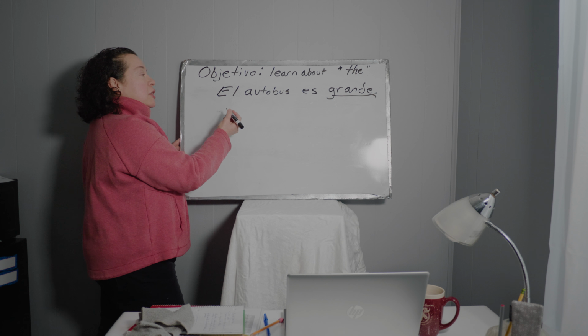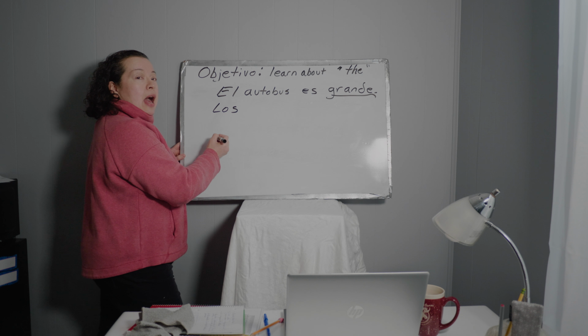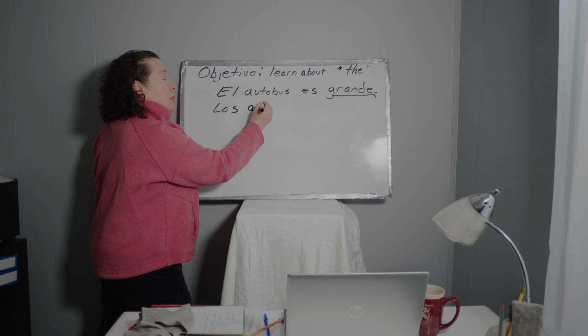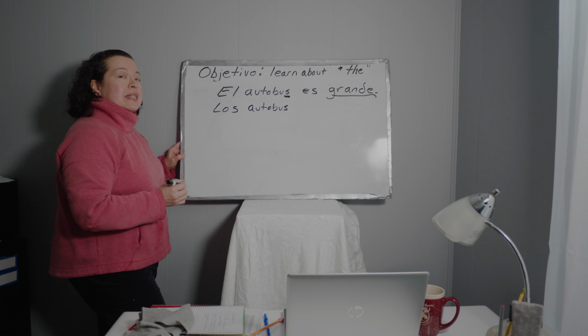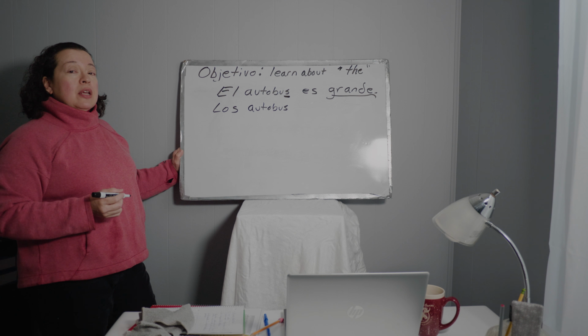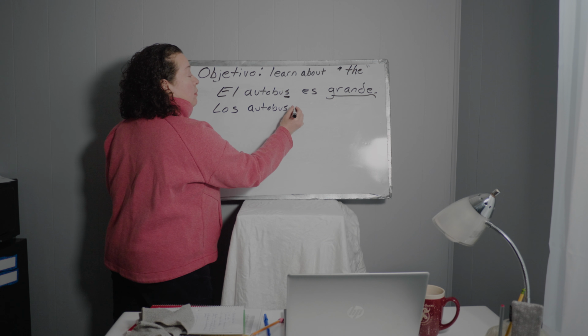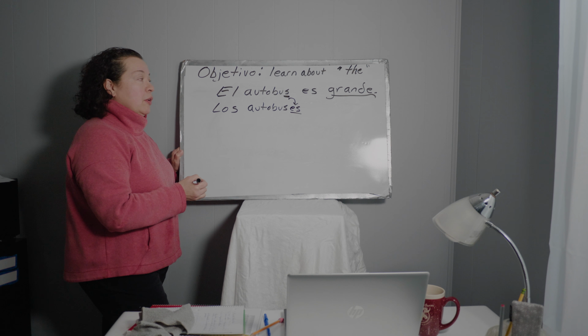Okay, so how do we make this plural? El again becomes los. Autobús. Now here, autobús ends in a consonant. And when the noun ends in a consonant, you need to add es to it. So we added es to make it plural.